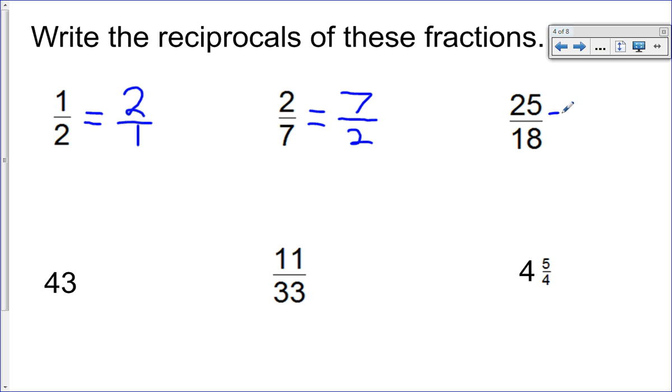And finally, if we have 25/18, flip it upside down, and you will get 18/25. So if you want, you can pause this video at home and just test yourself with these three examples.